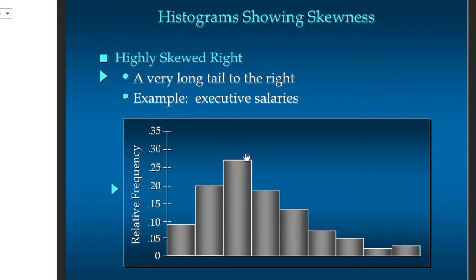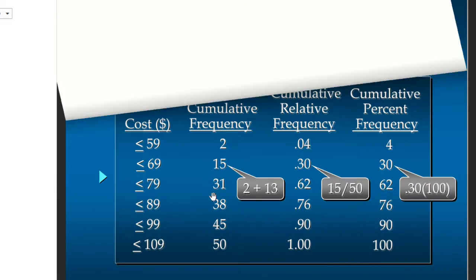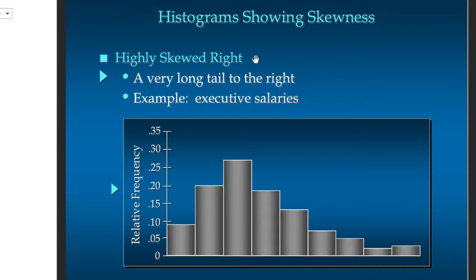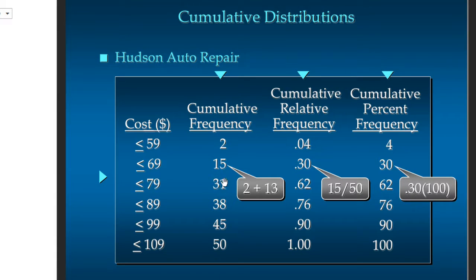Severely skewed to the left means the opposite. From the middle, on the left side there are a lot of data points. So that's the skewness of the general shape of the graph.